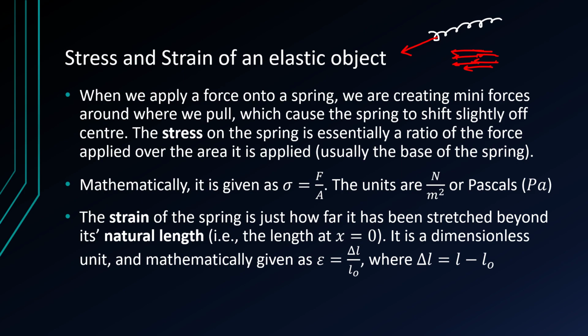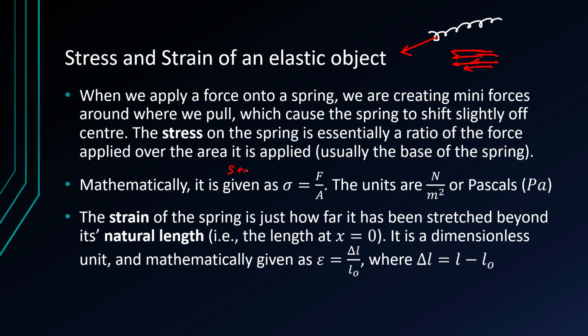Now, along the base of the spring, this is the force divided by the area, which you may recognize as pressure. But in a case like this, we call this the stress applied to the object.